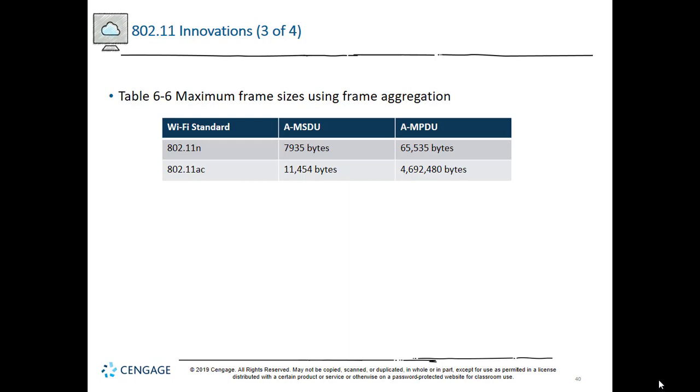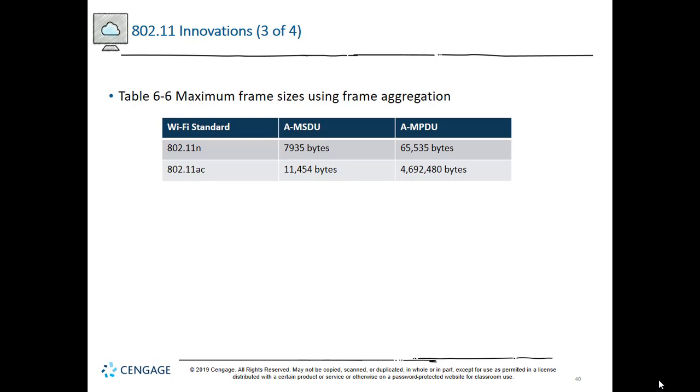Now, please understand that not all techniques listed are used in every 802.11 or every 802.11ac implementation. Also, reaching maximum throughput depends on the number and type of the strategies that are being used. It also depends on whether the network uses the 2.4 or the 5 gigahertz band.